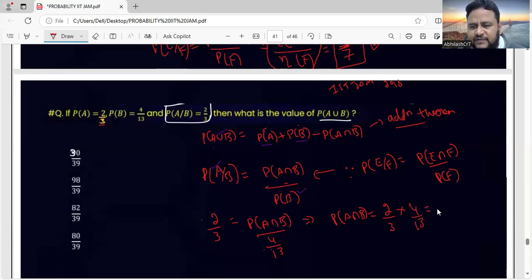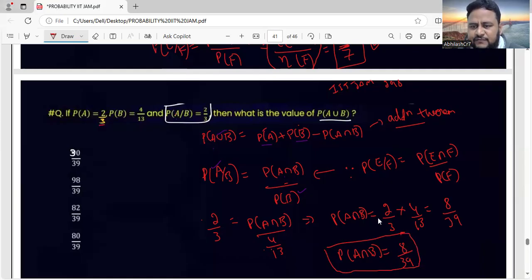So this will be equal to 2 fours are 8, 13 threes are 39. So probability of A intersection B we got as 8 by 39.